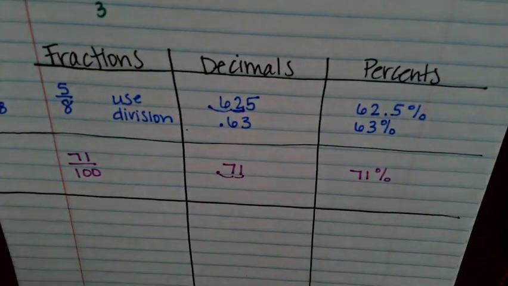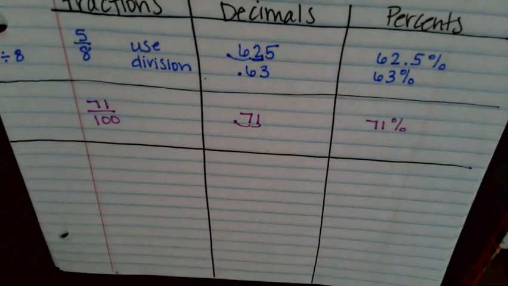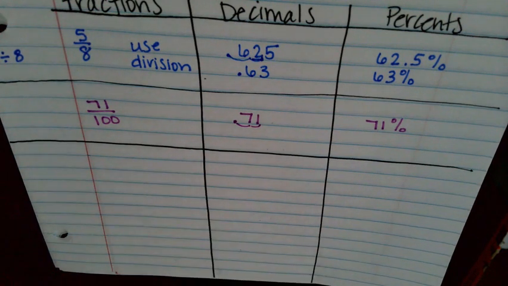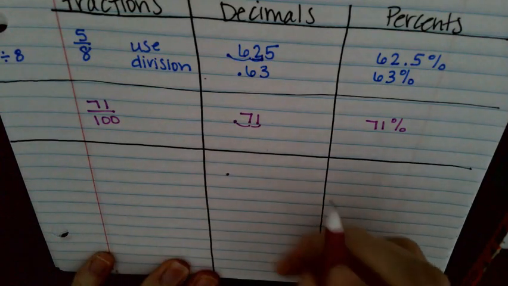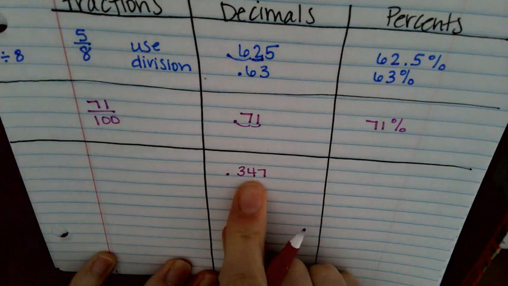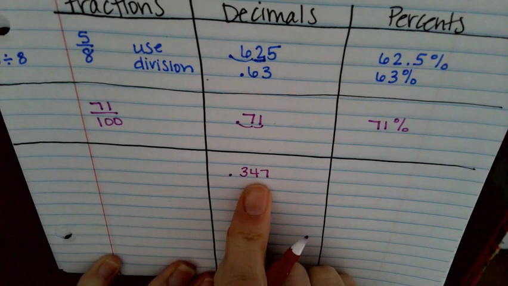All right, let's keep going. What if I started with a decimal, okay, but it had 3 digits, like 347 thousandths, okay?